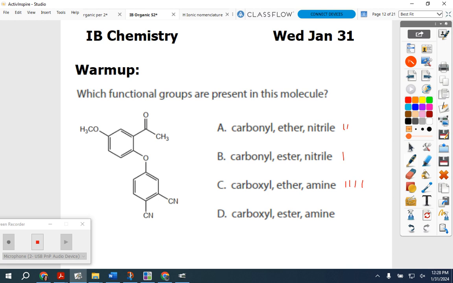So those of you who picked C, somebody tell me where the carboxyl group is. Right here? Ah, okay. Somebody who picked A, tell me where the carbonyl group is.